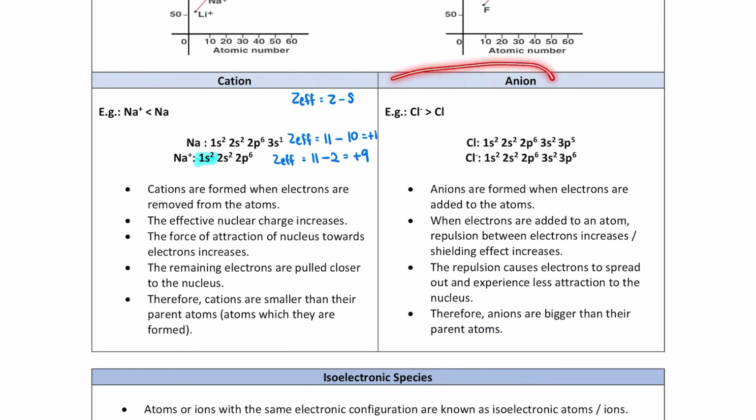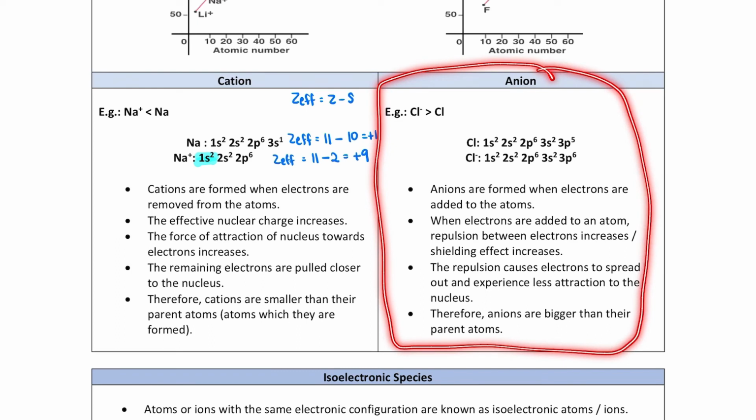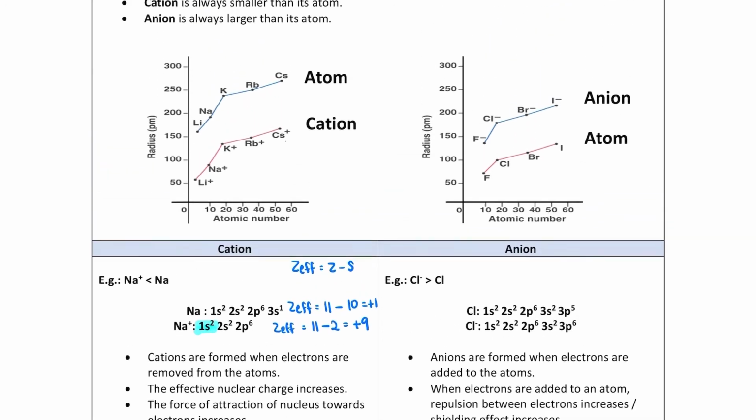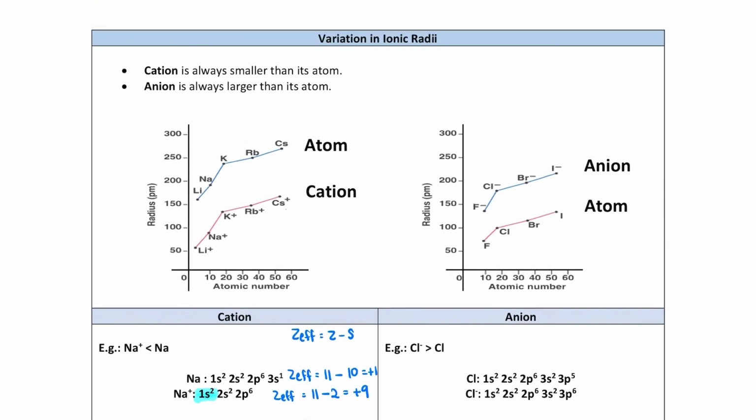As you can see, for an anion we don't use Zeff, but we use shielding effect, because what increases here is the number of electrons. If you ask why not use Zeff, calculate Zeff for both, and you will get the same value. That's why we cannot use Zeff here for anion, but we must use shielding effect. So I think that's all for this video.